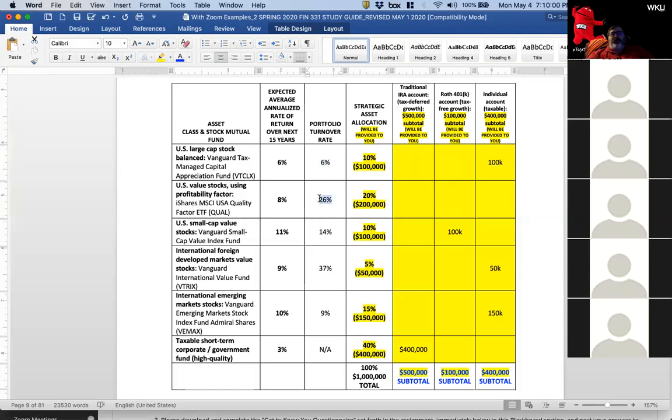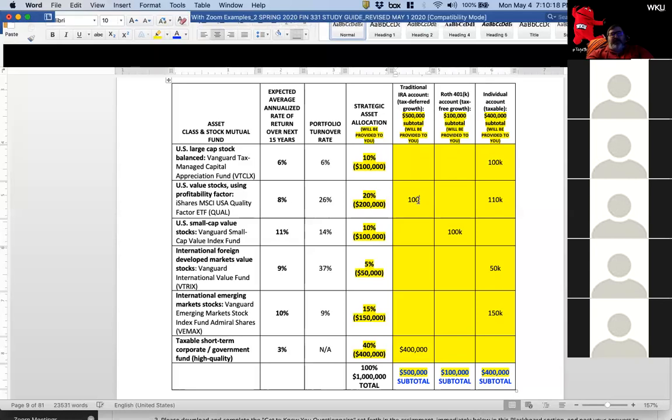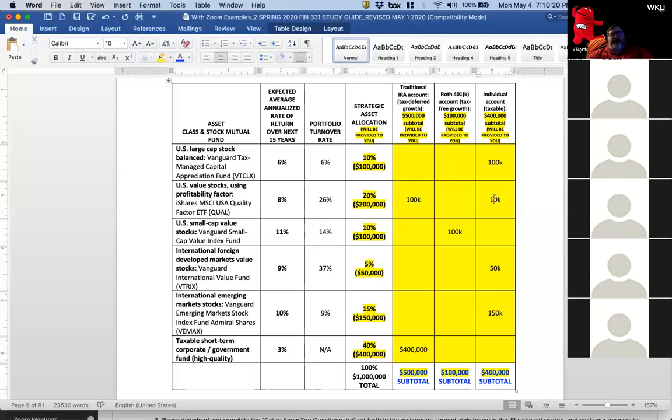We only had 2 asset classes left here, and the one with the lower turnover rate is, in fact, the large cap fund. So we can put all 100,000 over there. We still haven't filled it up, okay? And then we're left with this asset class, and there's only one place to put that. We need to divide it up, 100K in each one. So basically, you just fill out the chart after that.